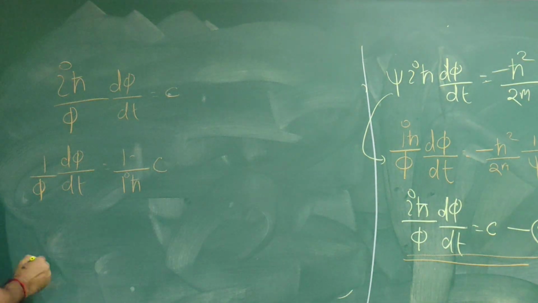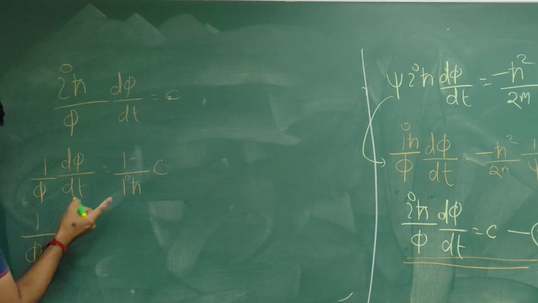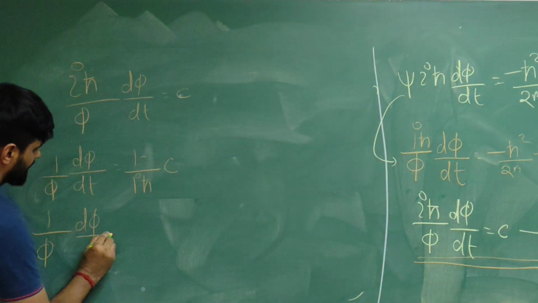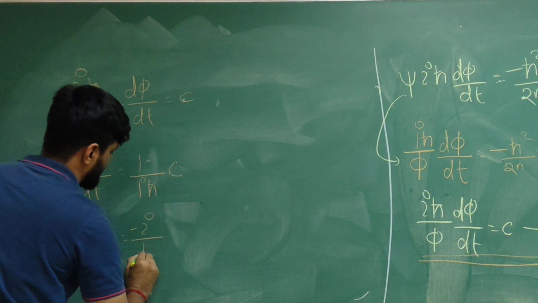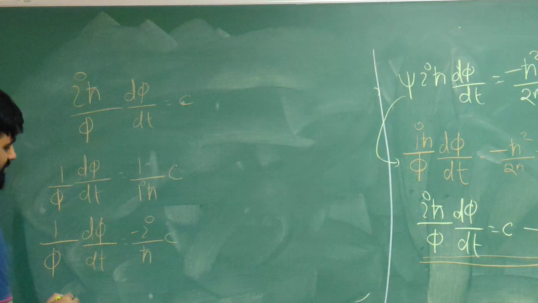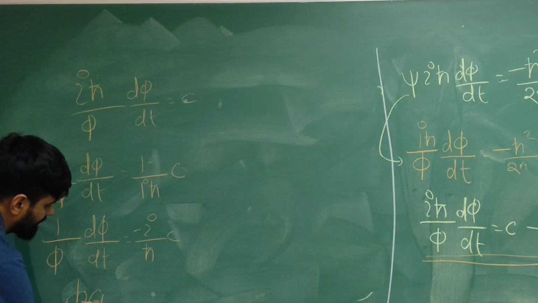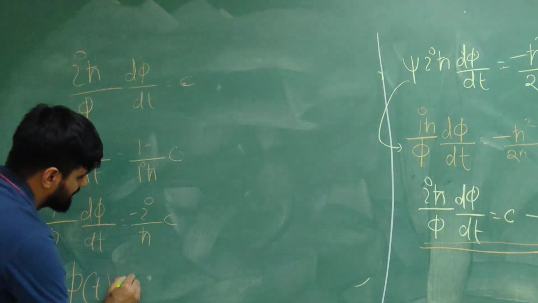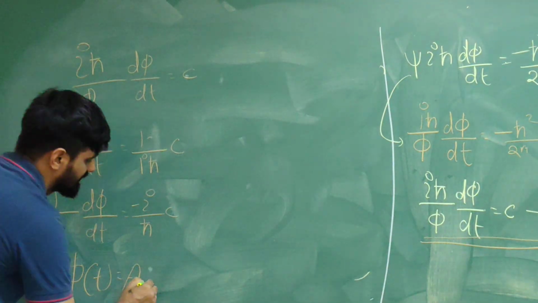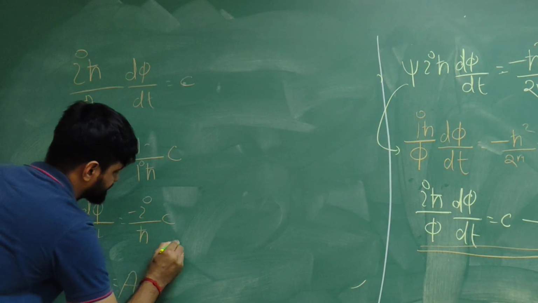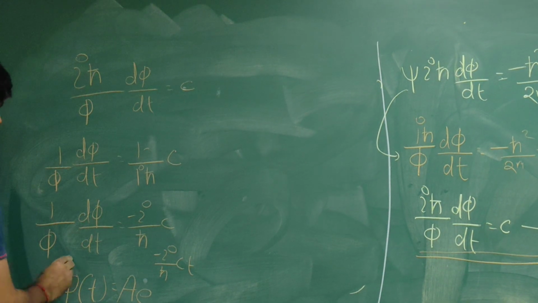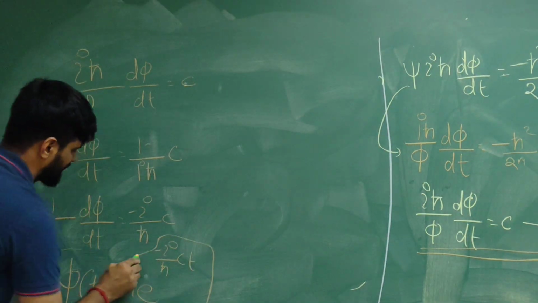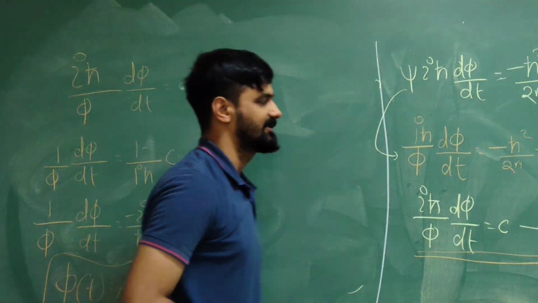And if you multiply and divide this by i, you can write d phi by dt equals to minus i by h-bar c. So directly you will get the solution of this ODE, that is phi equals to, let's say I am assuming A is a constant, A e to the power minus i by h-bar c t. Is that clear? So we have got the solution for the time varying part of the wave function, right?